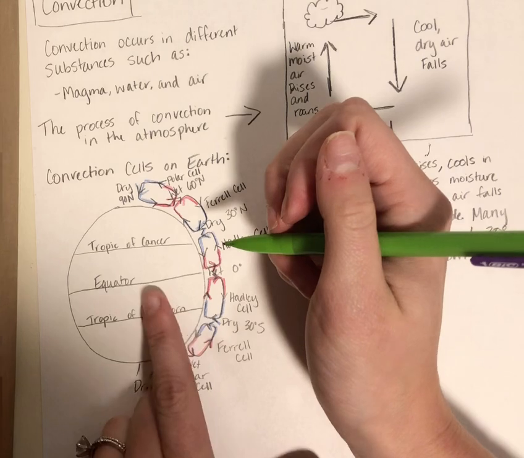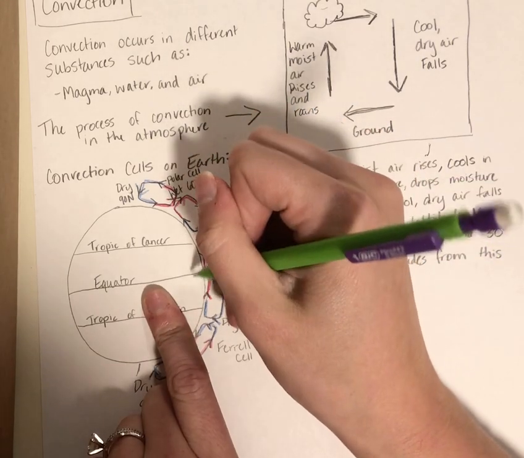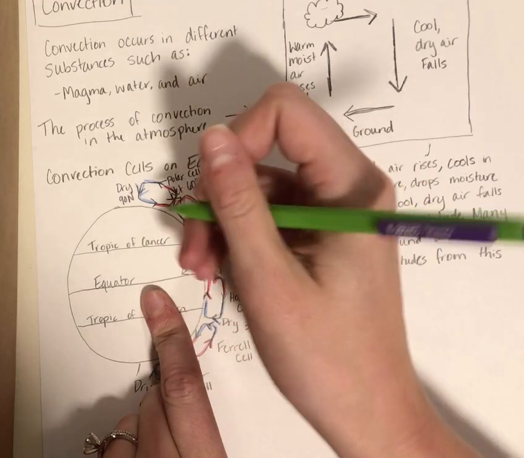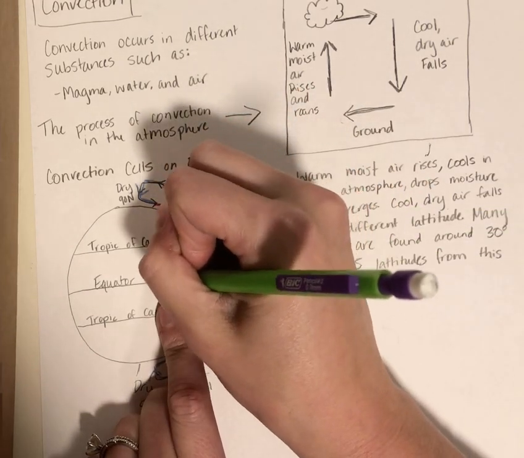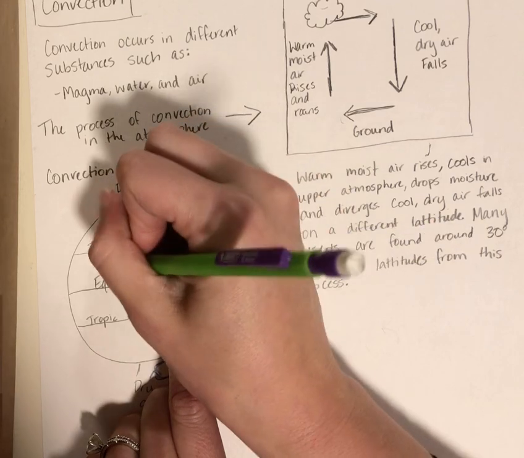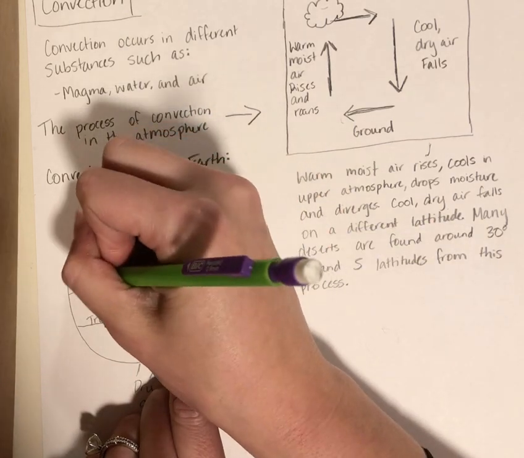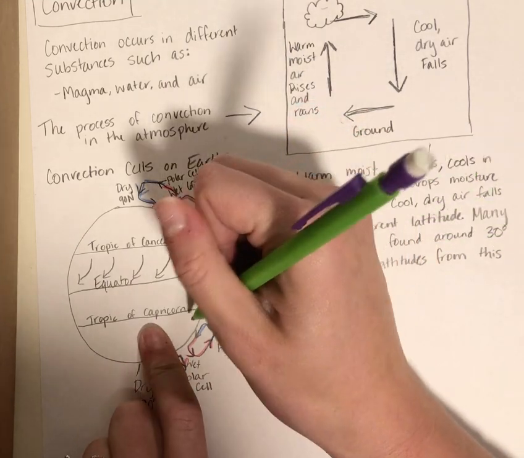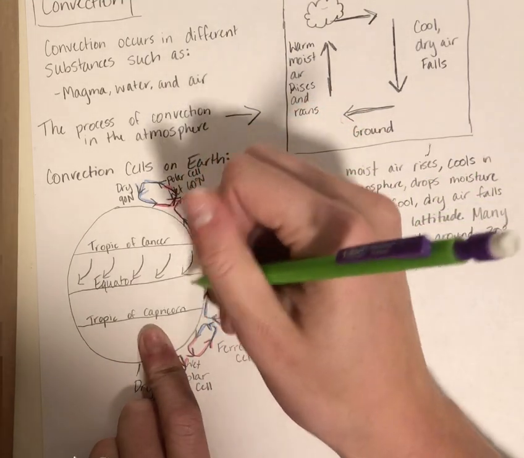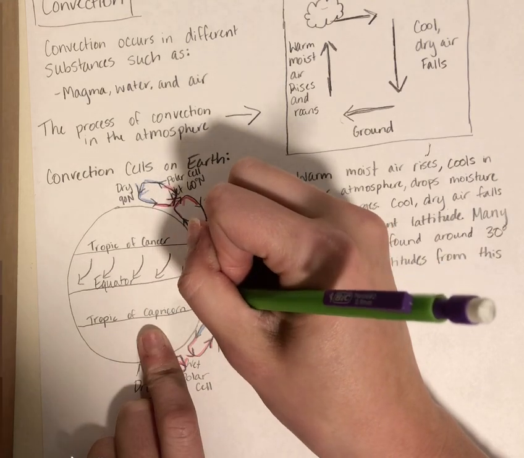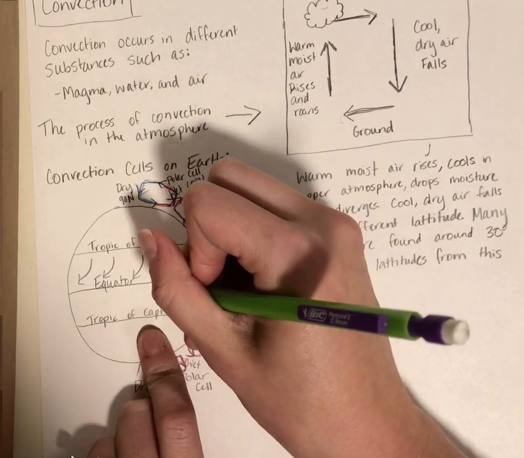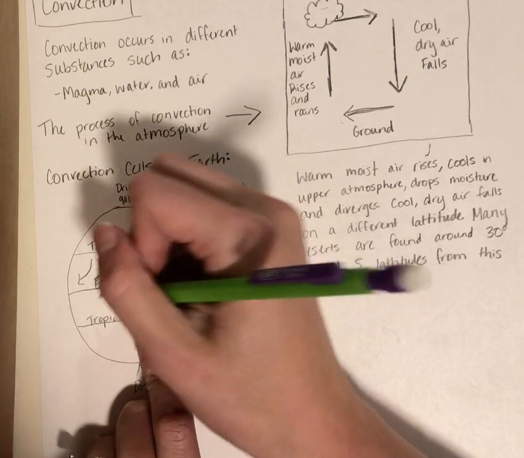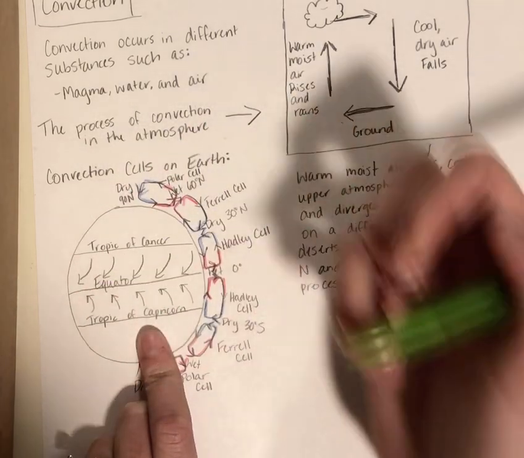So between the equator and the Tropic of Cancer, wind typically goes towards the left and down, and I'm about to explain why. But from the Tropic of Capricorn to the equator, it's going up and to the left. And this is our direction of wind. That's what these arrows are representing.